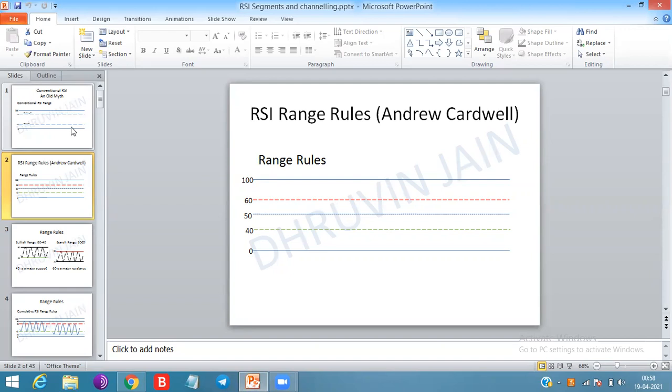So from this point onwards, understand this, we will be advancing towards the advanced section of the RSI series.